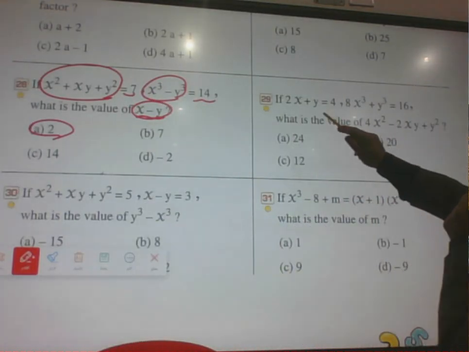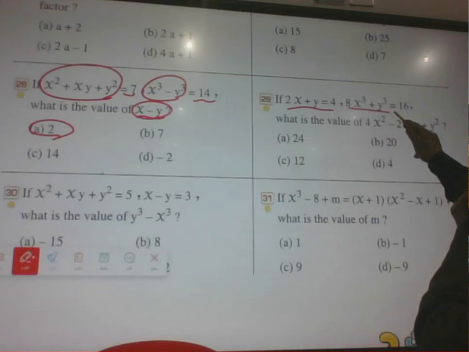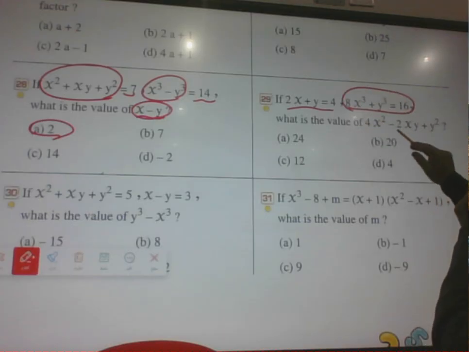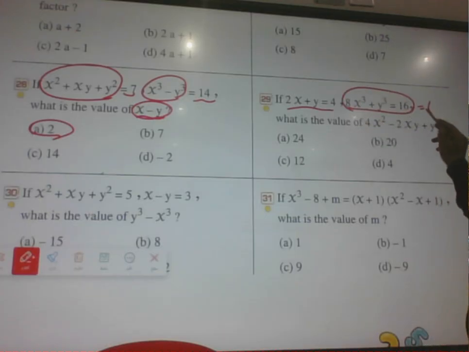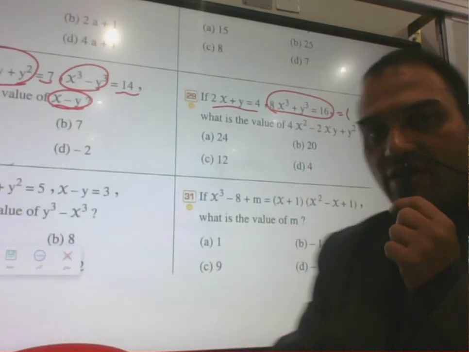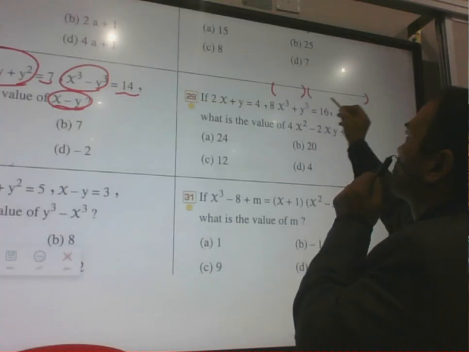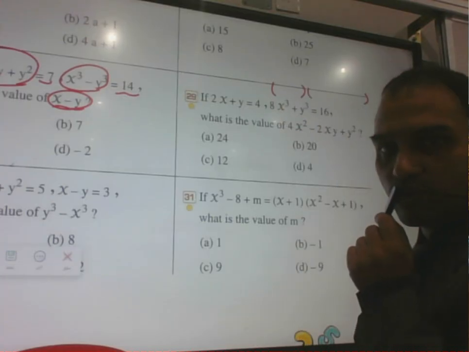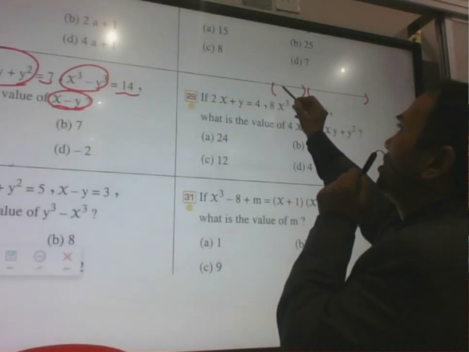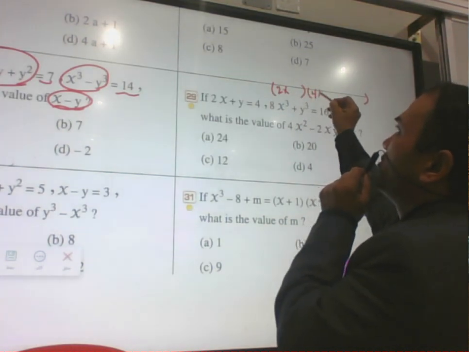Next question here: 2x + y equals 4 and 8x³ + y³ equals 16. We can also factorize this expression. We open the big brackets like this and the smaller brackets inside. The cube root of the first, 8x³, will be 2x. 2x squared will be 4x².